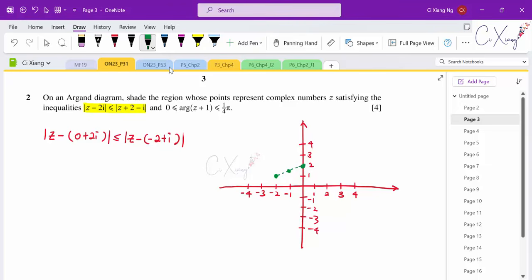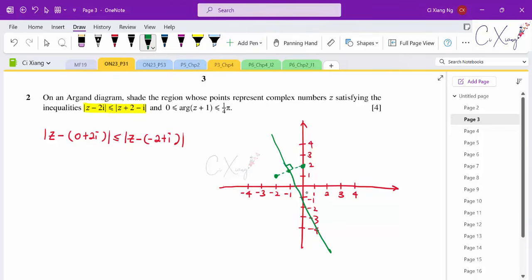Then, to draw a perpendicular bisector, you can use a ruler or some other tool to help you draw roughly the perpendicular bisector that passes through the midpoint. The perpendicular bisector should look something like this. Personally, I didn't measure or calculate the y-intercept.